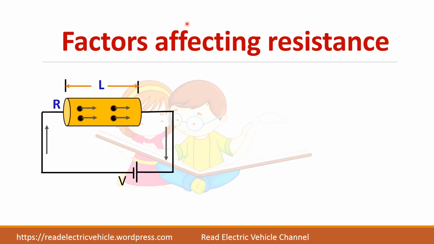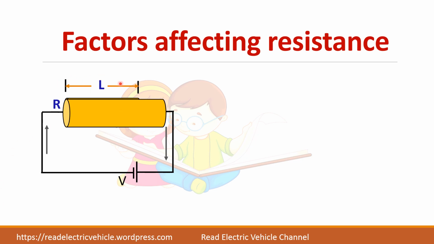Let us see what are the factors affecting the resistance. Suppose you take a copper strip connected to a voltage source, and the resistance of this strip is R and the length of the strip is L. As voltage is connected here, current will flow through this circuit.